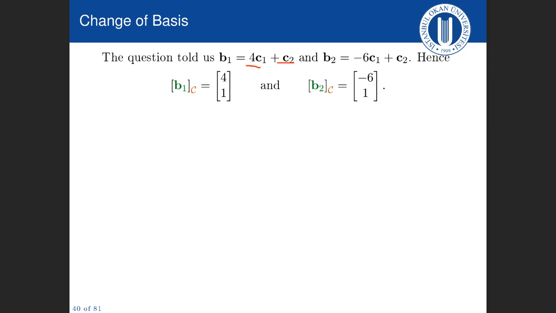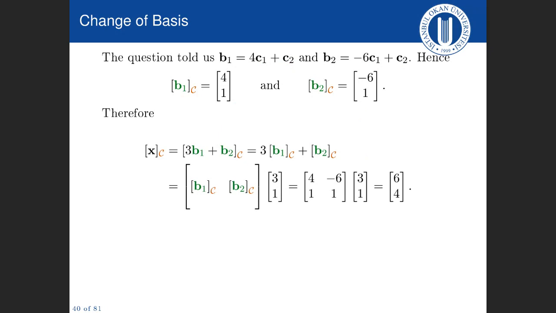And the coordinates for b2 relative to C, look at the numbers, we have a minus 6 and we have a 1, so minus 6, 1. So we have all the information we need.